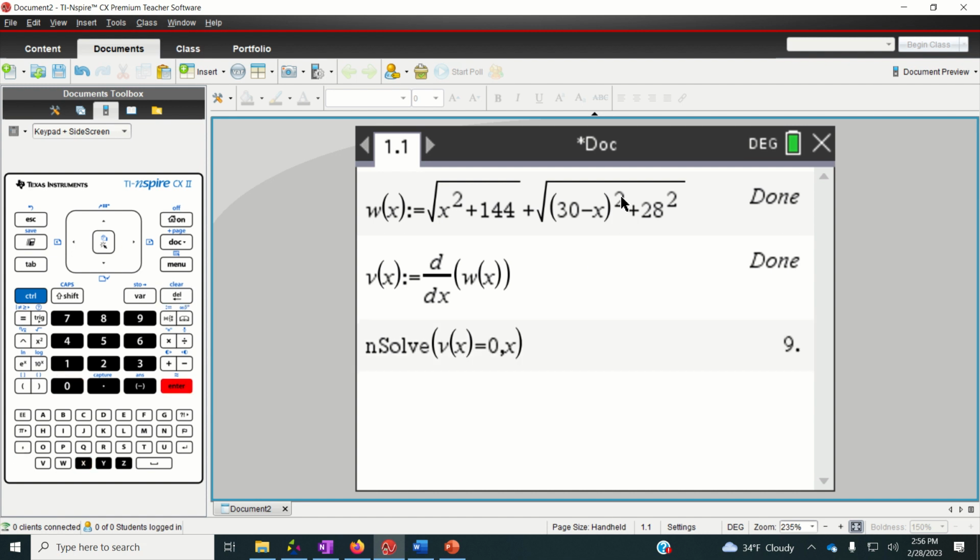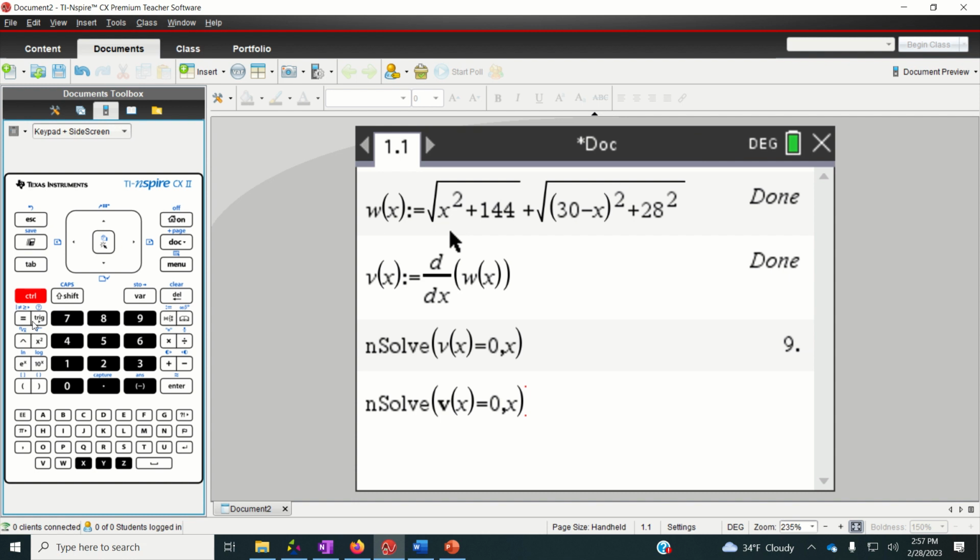And we get an answer of 9. So that is when the minimum or maximum number could occur. That's our point here. Now, we can also check to see if it happens on the other side of 9.